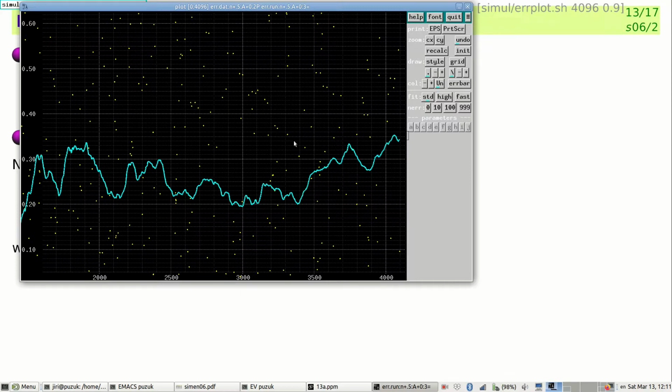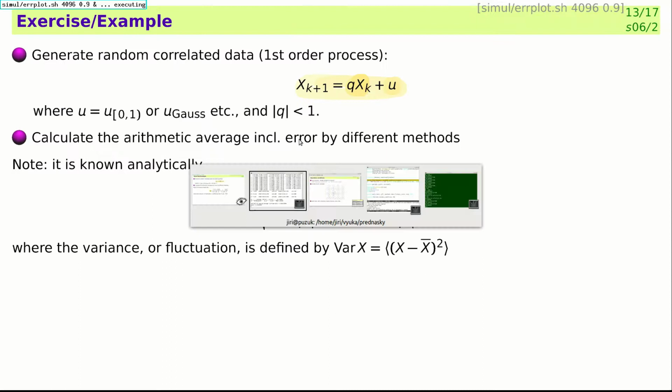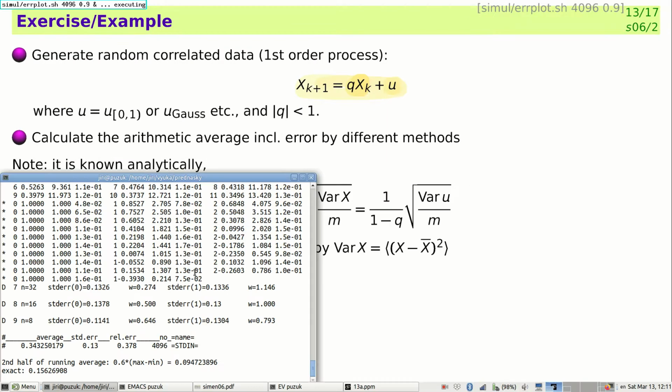Of course, the computer can do this too, so I don't have to click here. And the results are also here. The method of the second half of the running average in this case gave something that I would round up to 0.1. The exact value is a bit higher, so this is underestimated.